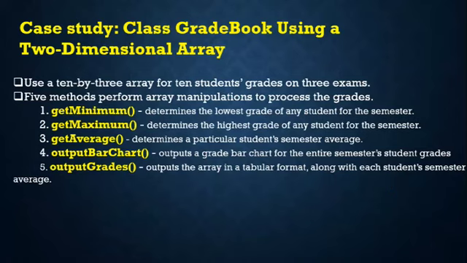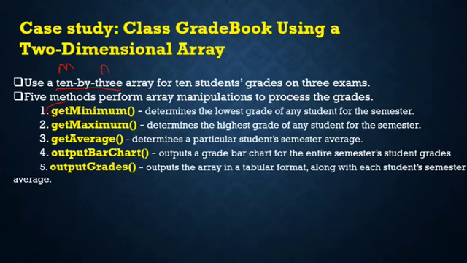You will use a 10 by 3 array for 10 students' grades on 3 exams. 10 by 3 array, meaning you have 10 rows and 3 columns. Our M and our N.